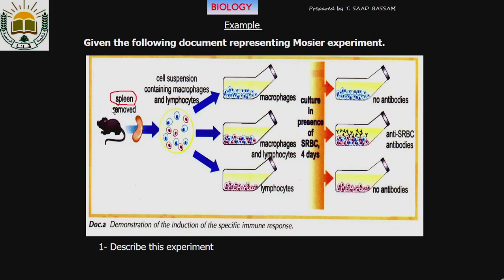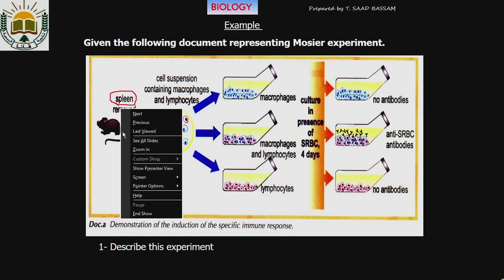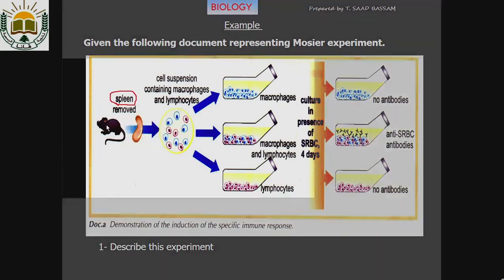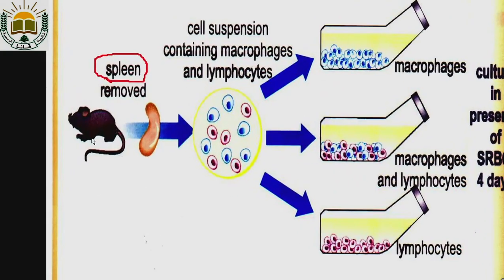Now, as I said, we'll continue together in this document. We have this mouse and the spleen is removed. Okay, we obtain, look at these two colors here. Cell suspension. Cell suspension means a group of cells.